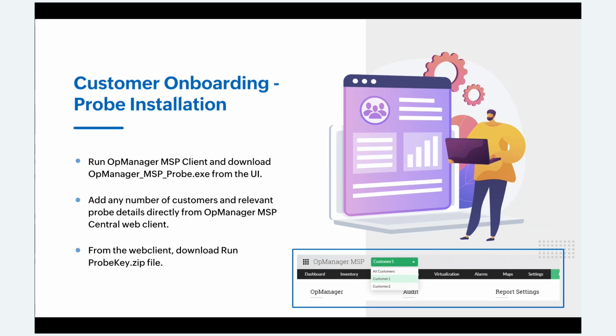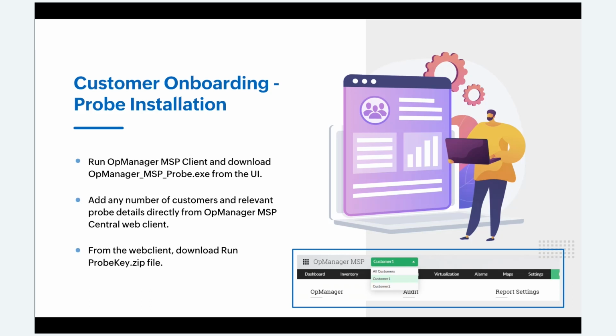The other important step which has to be done during the time of installation is to download the probekey.zip file from the web client and deploy it in the probe setup. The probe key is unique for every client. This is to have a secured communication between the probe and central. You can choose between PG-SQL or MS-SQL database.